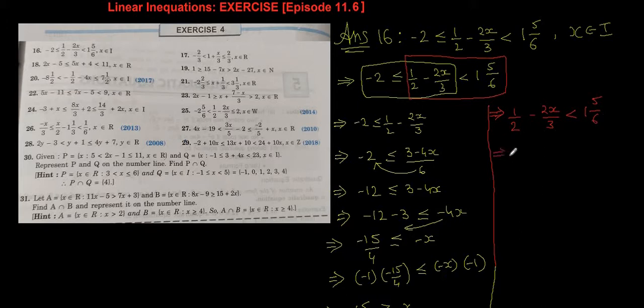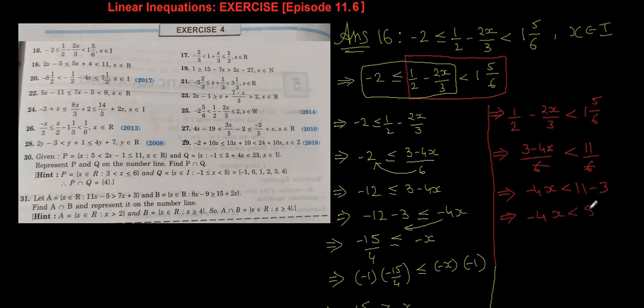So here the LCM is 6: 3 minus 4x less than 6 ones are 6, 6 plus 5, 11 upon 6. This one and this one cancel. Implies minus 4x less than 11 minus 3.